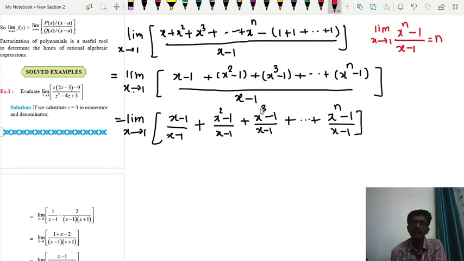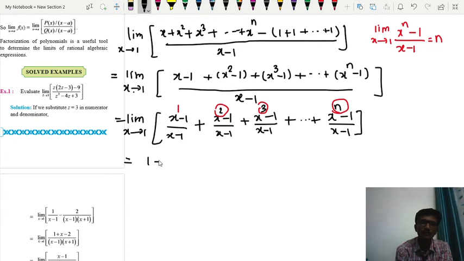So this is 3, n is equal to 3, so this will be 3, this will be 2, this will be 1, up to n. So each limit will be equal to what? These limits will be, taking the limit, 1 plus 2 plus 3 plus up to n.